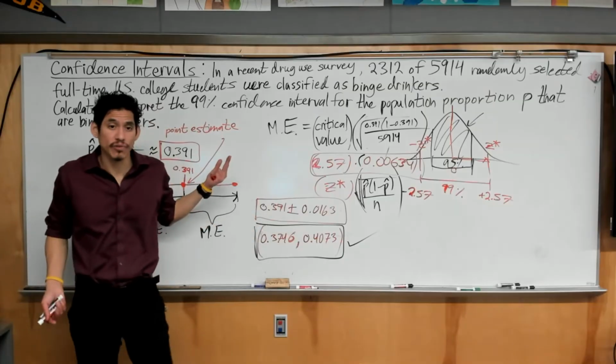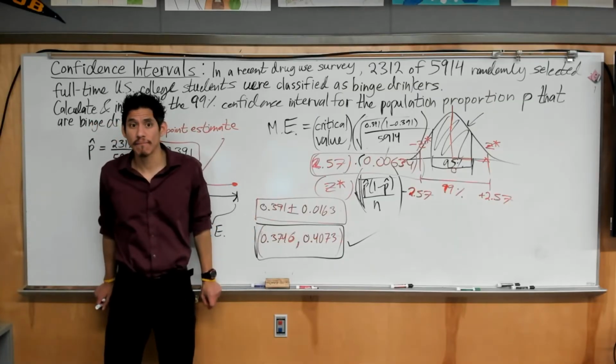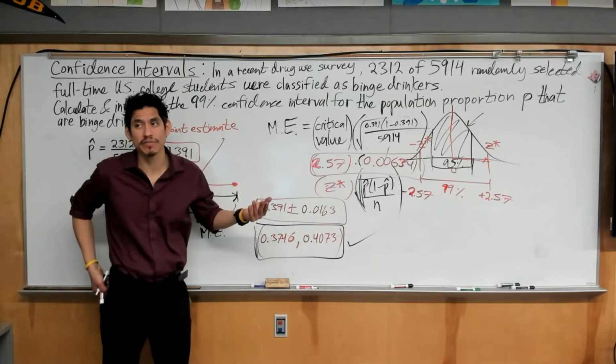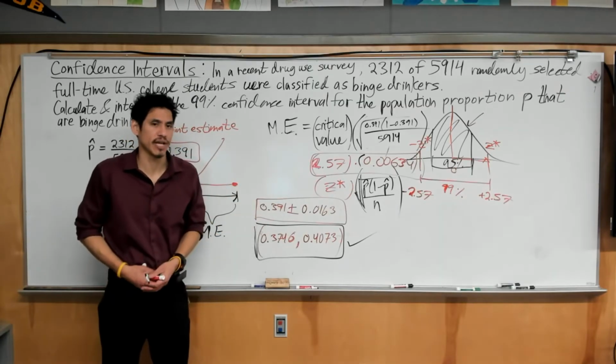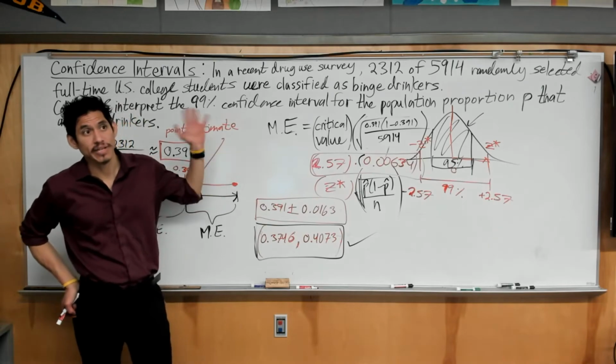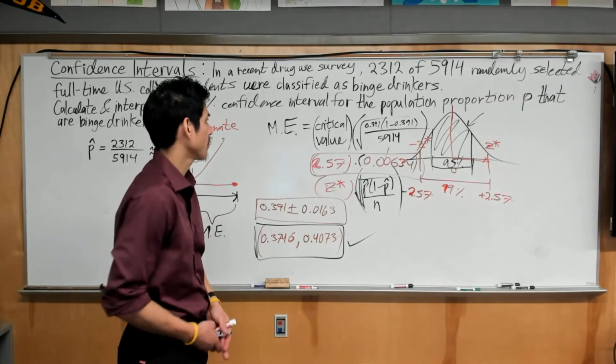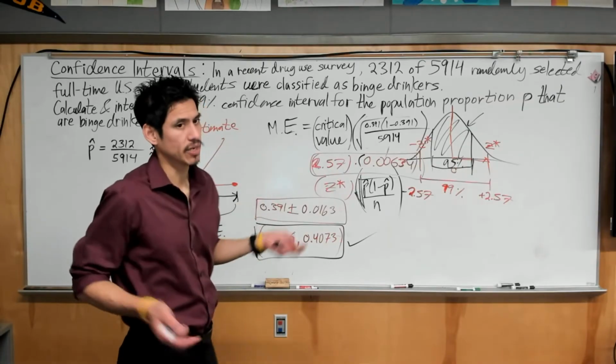We don't know which of those confidence intervals would have it, but if we made millions and millions of confidence intervals, which we wouldn't, because what's the point of that, about 99% would have the true population proportion in them, and we call it the population parameter in general.